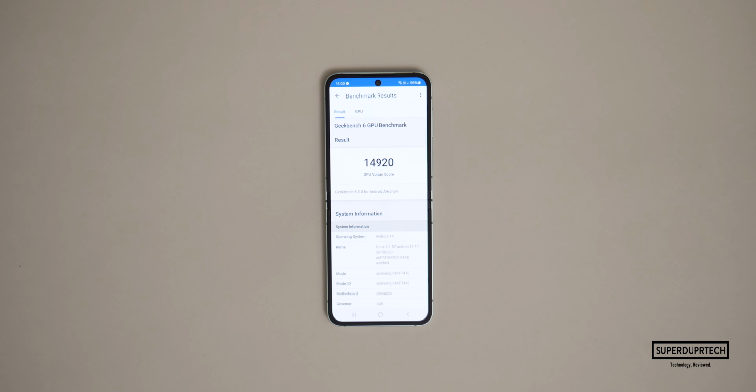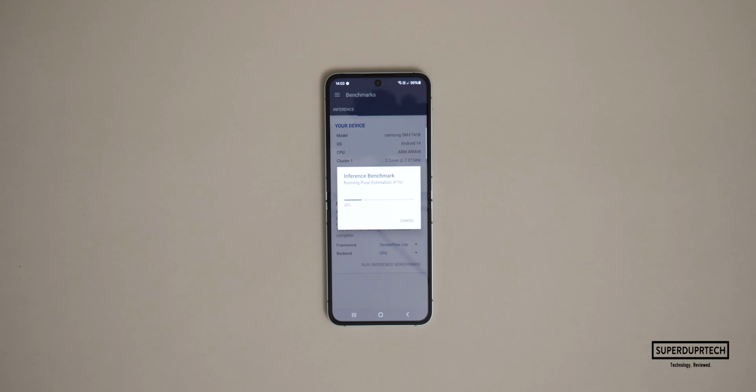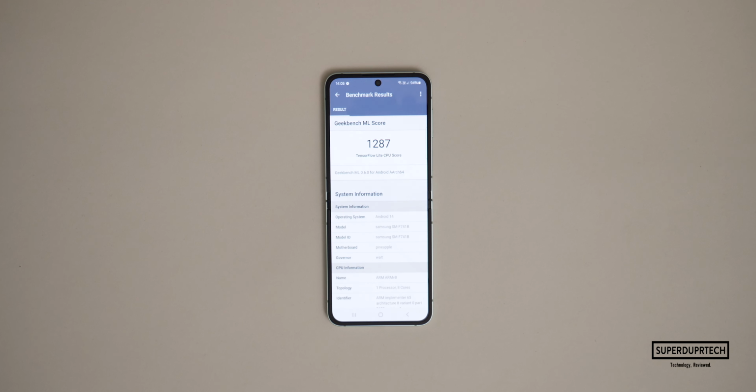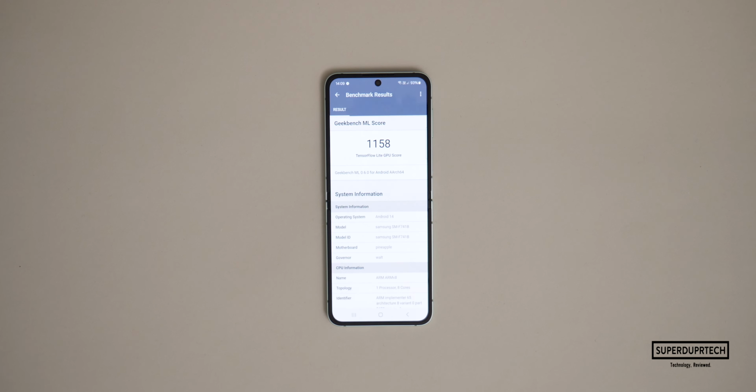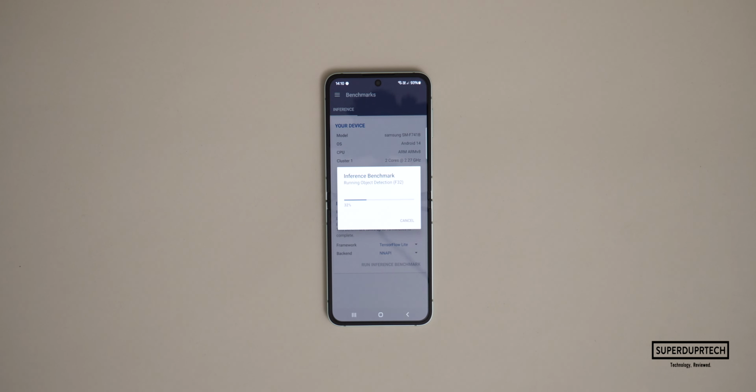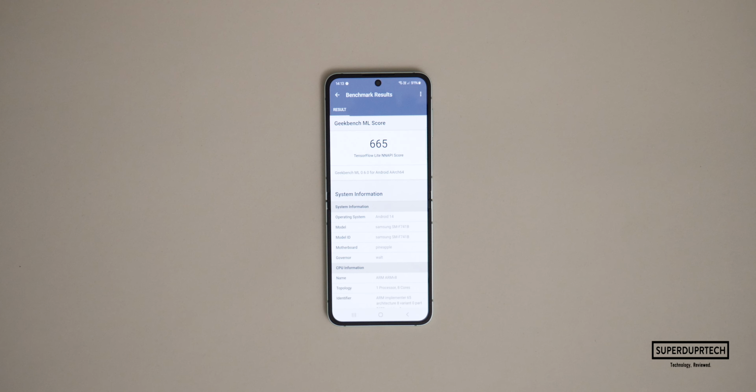The next lineup of tests which I ran once again come from Geekbench, however it's designed to test the machine learning capabilities of this smartphone. Now when running the machine learning tests on the CPU I got a score of 1,287, when running the tests on the GPU I got a score of 1,158, and when testing the NPU's performance I got a score of 665.